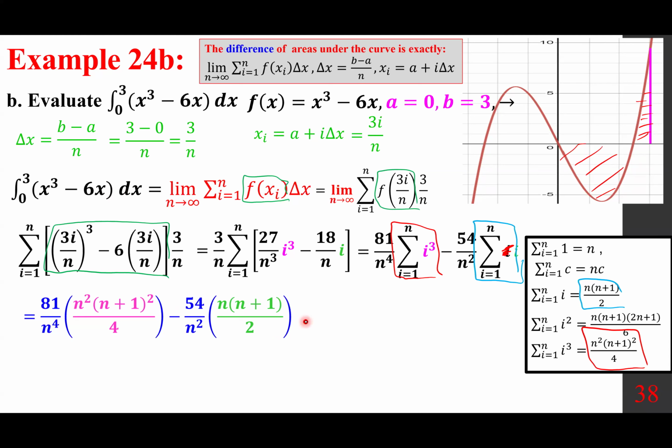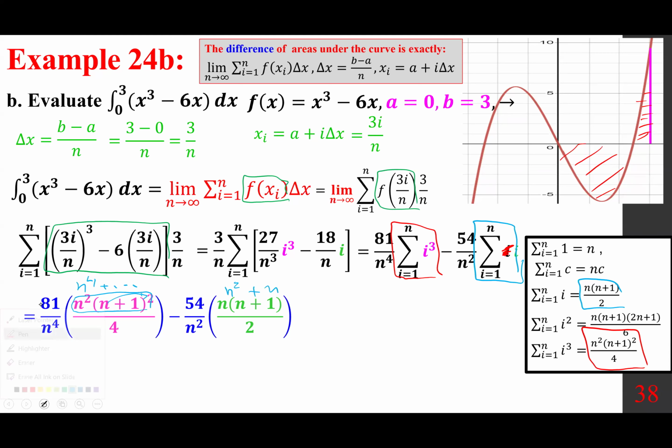To take the limit of this, I want you to notice the following. This becomes n squared. So this entire thing is n to the power of 4 and something else with powers of n going down. And this is, of course, just n squared plus n. We are interested in the leading term. So this is equal to the limit as n approaches infinity.